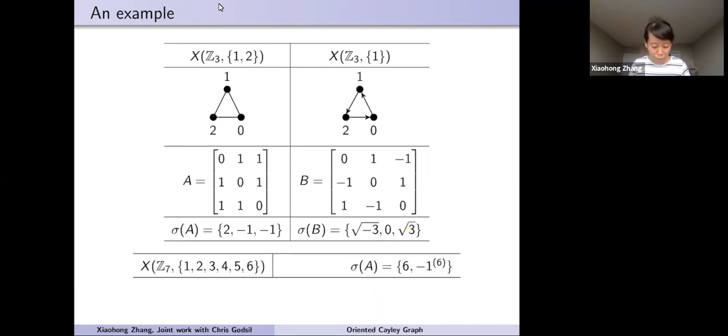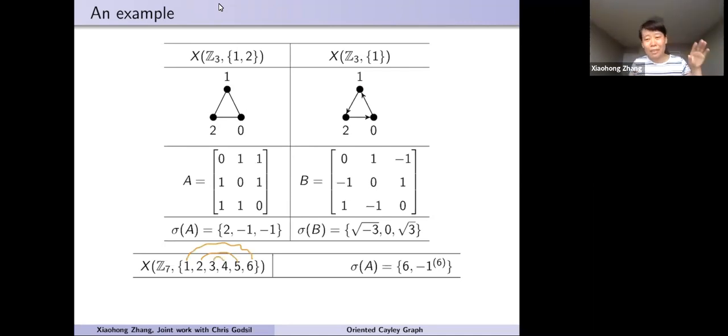Now check more examples. If we check Z7, it's a prime number, so all the non-zero numbers are generators of the group. If one shows up, everybody has to show up, and the eigenvalues are integers. So how about the oriented case? The pairs 1 and 6, 2 and 5, 3 and 4 are negatives of each other.